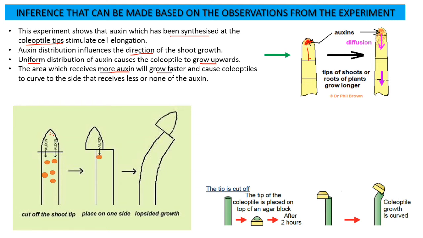But if we put the agar on only one half side of the coleoptile, the auxin will accumulate at that one side. The side that receives more auxin can elongate more. That's why the coleoptile growth is curved.